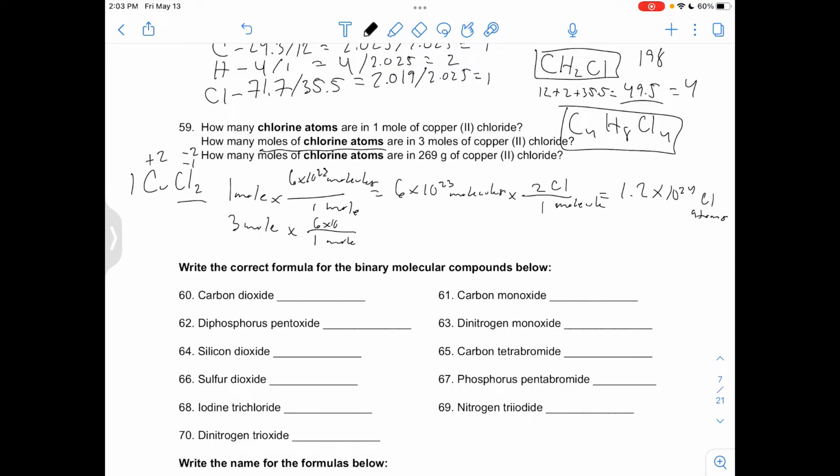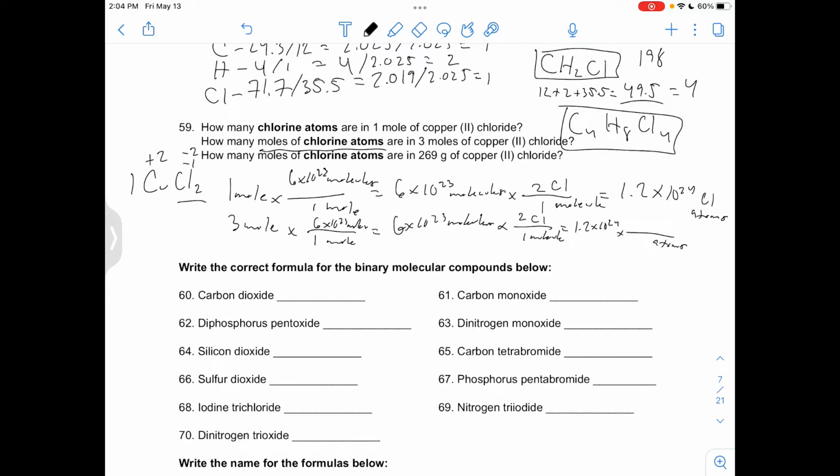1 mole, 6 times 10 to the 23rd molecules. That gives 6 times 10 to the 23rd molecules. We want to find how many chlorines. So Cl, 1 molecule, which is equal to what we just got. And then the last step is we want to find how many moles of that.